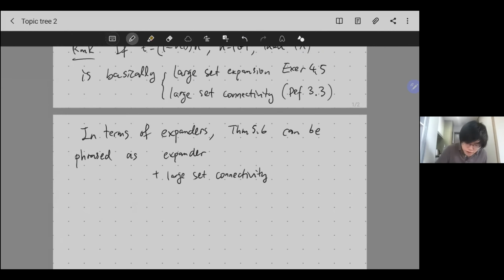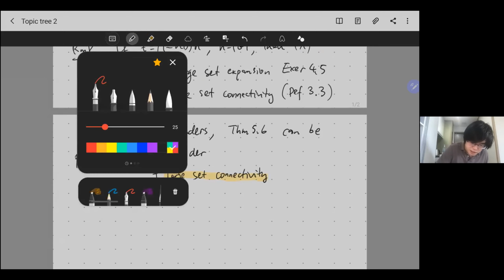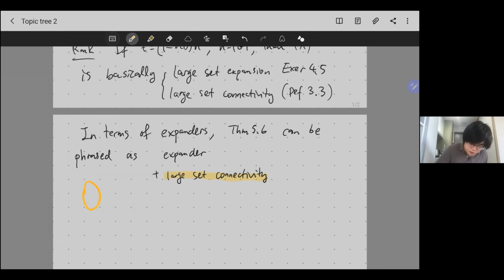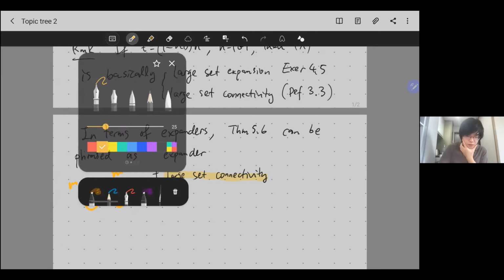Recall this. What is large set connectivity? If you don't quite remember, it basically just says that if you have two large sets, say of size M, then you must see at least one edge between them. Okay, that's the large set connectivity.